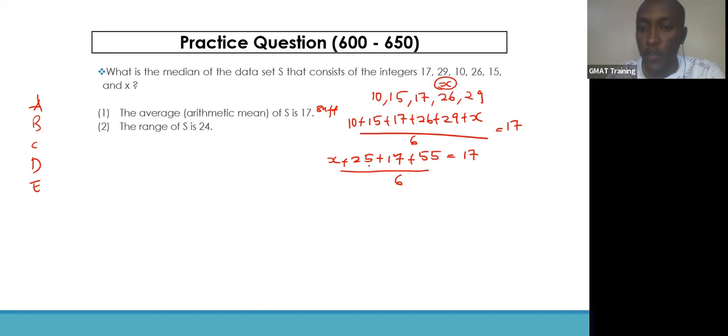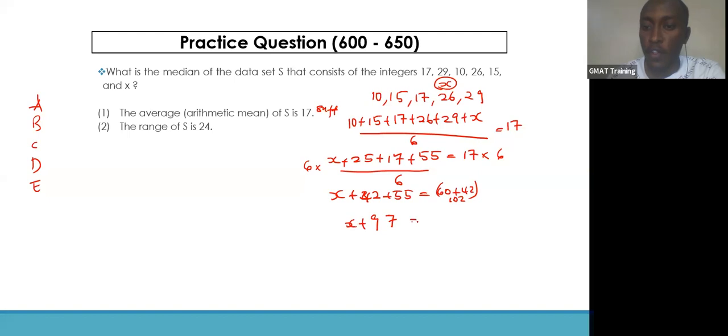Therefore X plus the sum of the known values, all divided by 6, equals 17. Let's multiply a factor of 6 to both sides and add whatever is in between, so that you have X plus 97 equals 102.